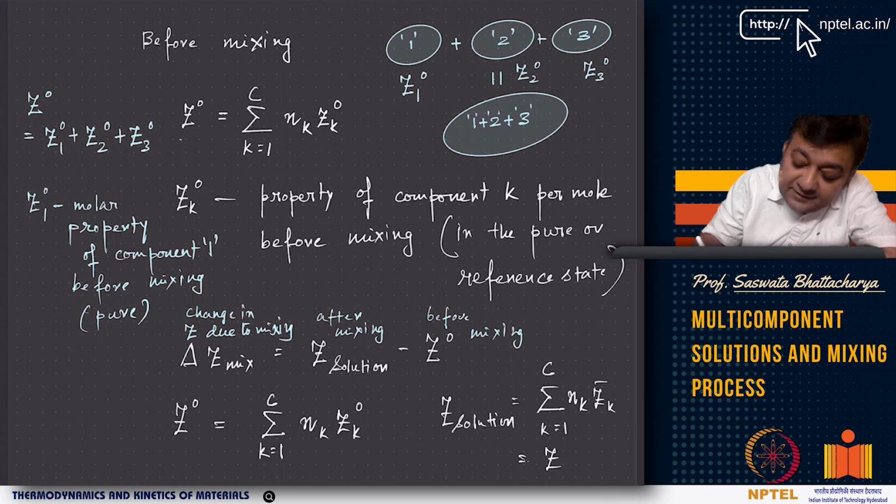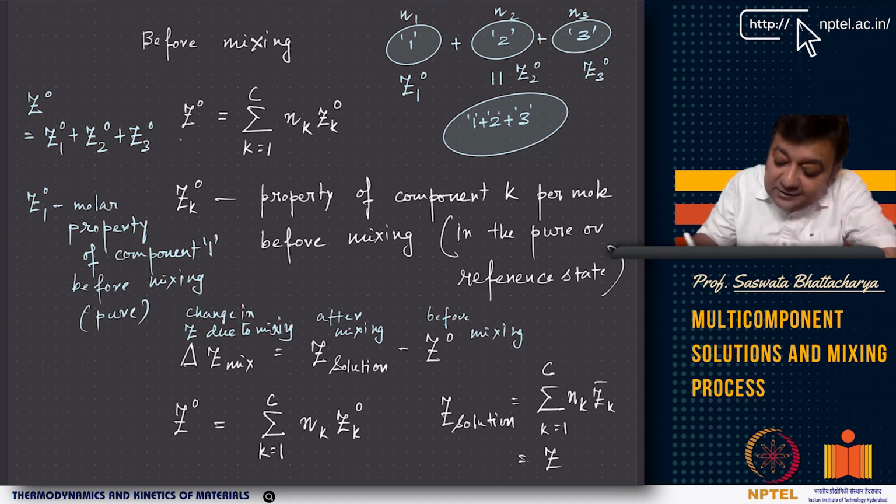So for component 1 the mole number is n1, for 2 it is n2, for 3 it is n3. So n3 of Z03 is coming, n2 of Z02 is coming, n1 of Z01 is coming.